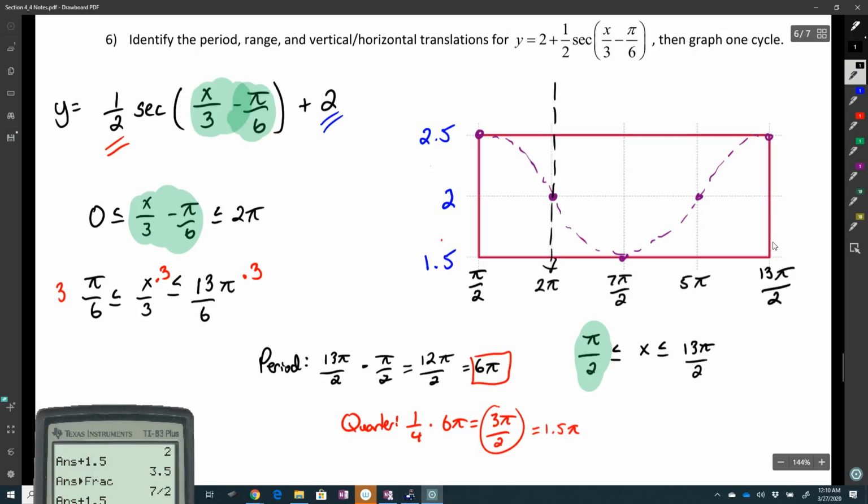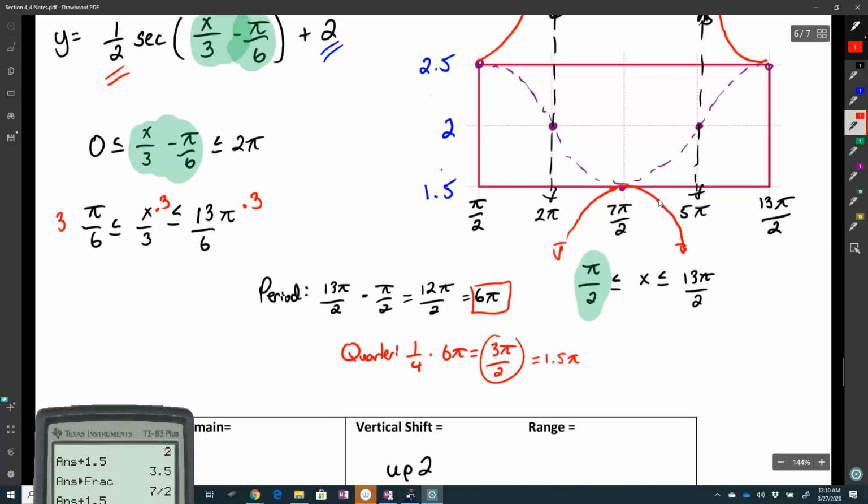So that becomes a vertical asymptote. X-intercept becomes a vertical asymptote. And so our graph is going to look like this. All right. So let's go ahead and graph this.